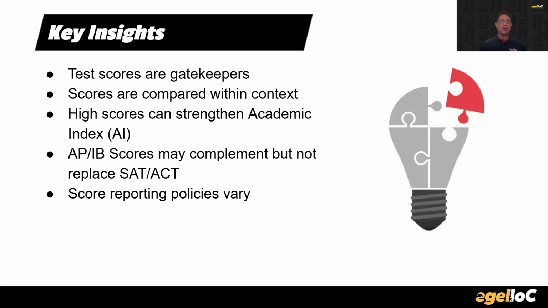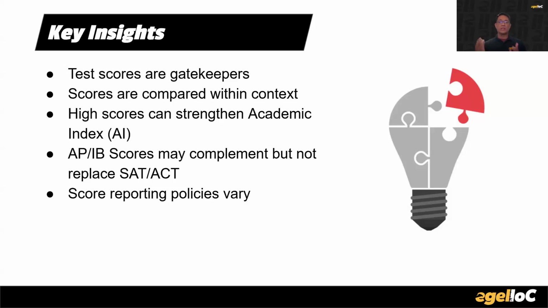So a strong score can really balance out a slightly lower GPA, particularly for athletes or those from underrepresented schools. So a stronger SAT or ACT can definitely offset lower grades.